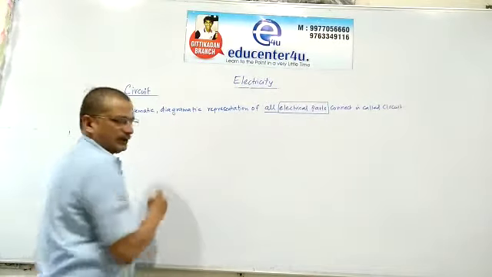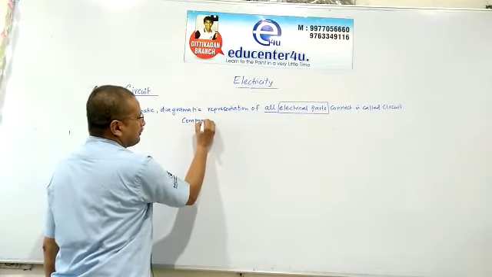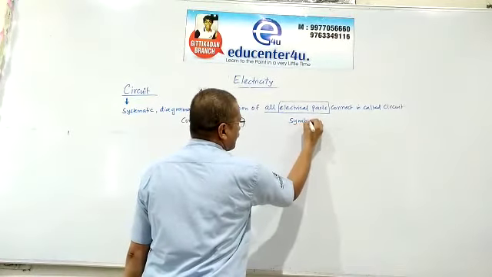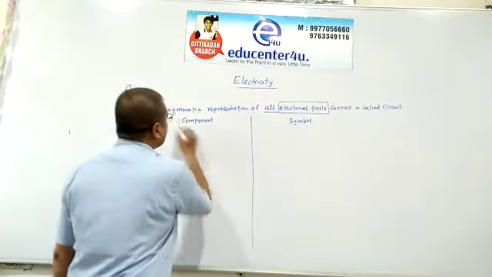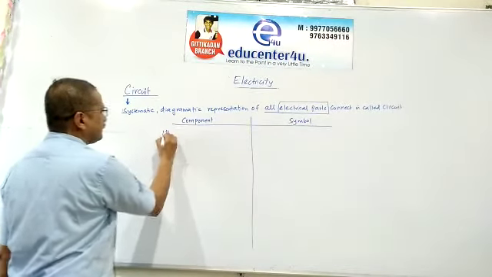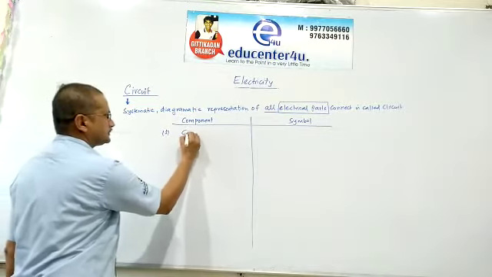So here you will write the name of the component, and here you will write the symbol, and you will make a table just like this only. Suppose the first is the cell.